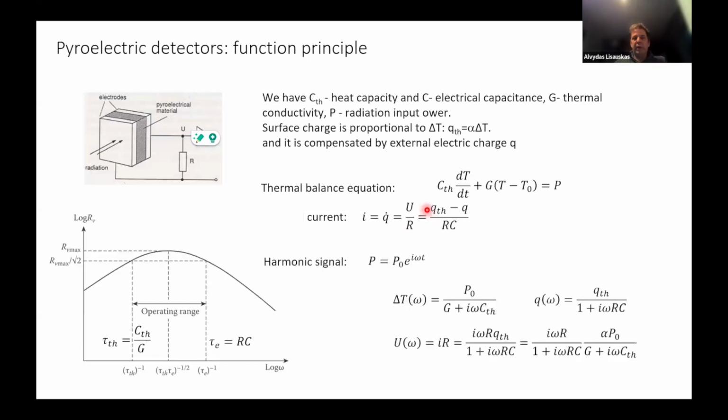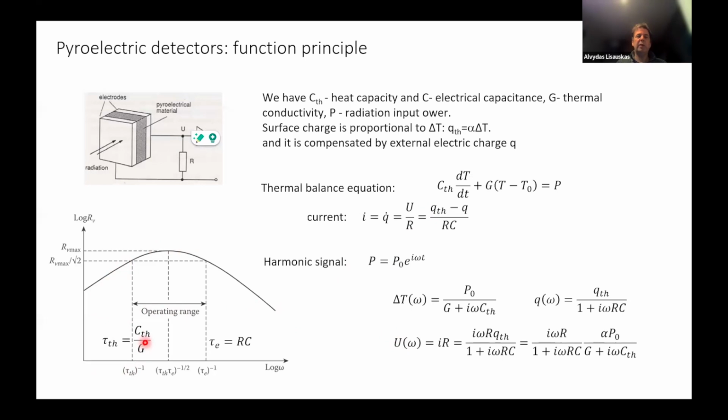Once we have it, we apply harmonic signal analysis and find that the thermal variations will have no DC response. So actually at DC it does not work. And there is an optimum frequency range set by two time constants.